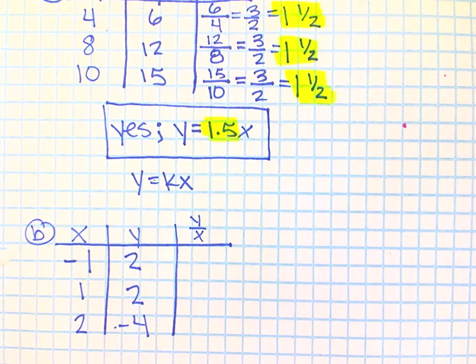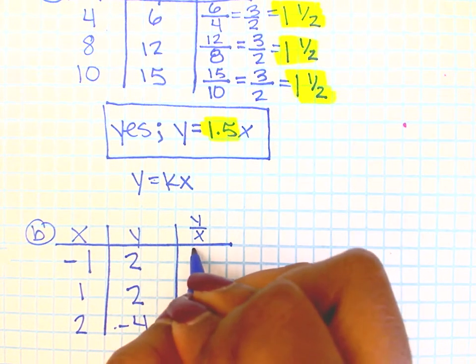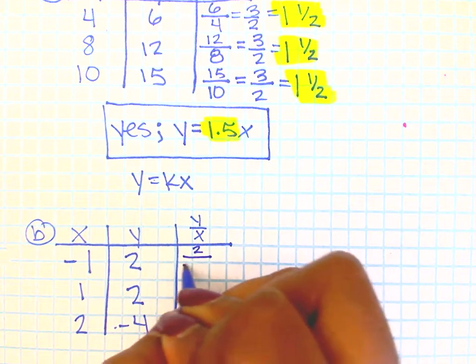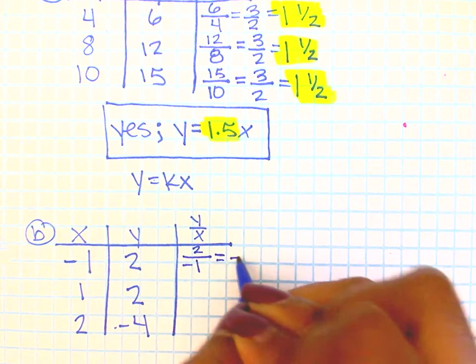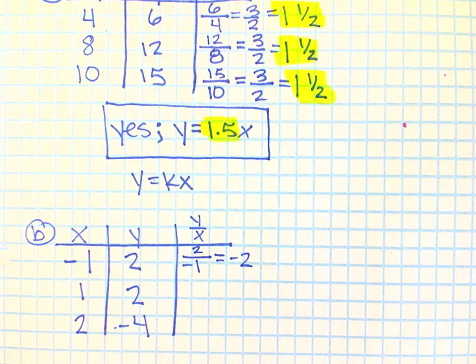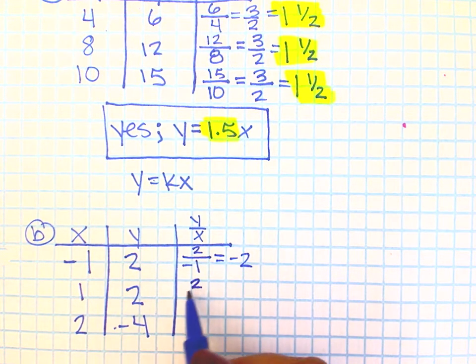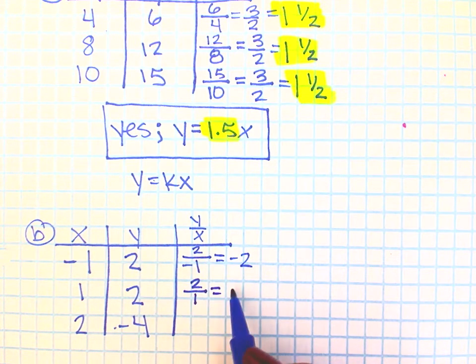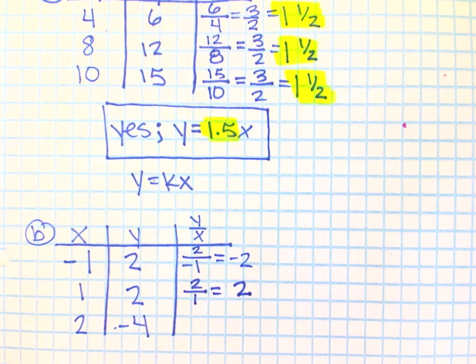Okay, then you're simply going to put y over x. So for my first one, my y is 2 over -1. Oh, that equals -2. That's easy. I know that. And try the next one. 2, which is my y. My x is 1. That's a +2. Ooh, I already see a problem.